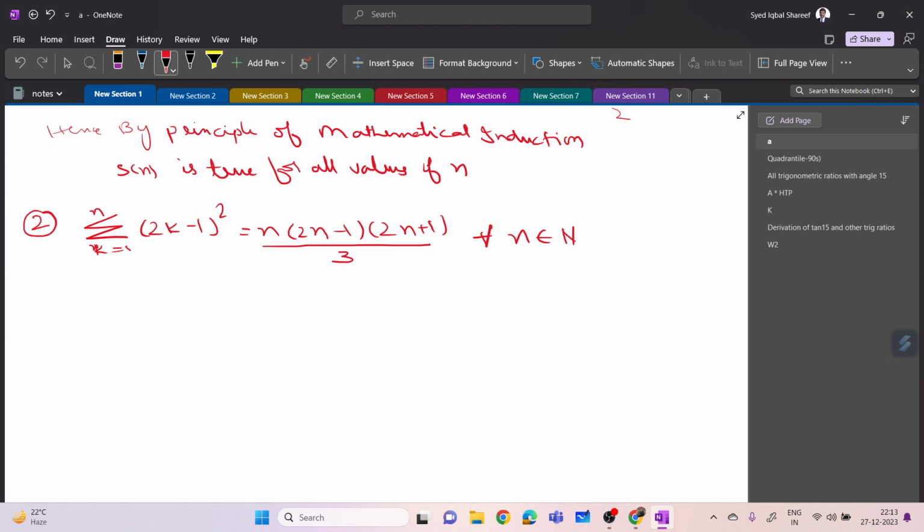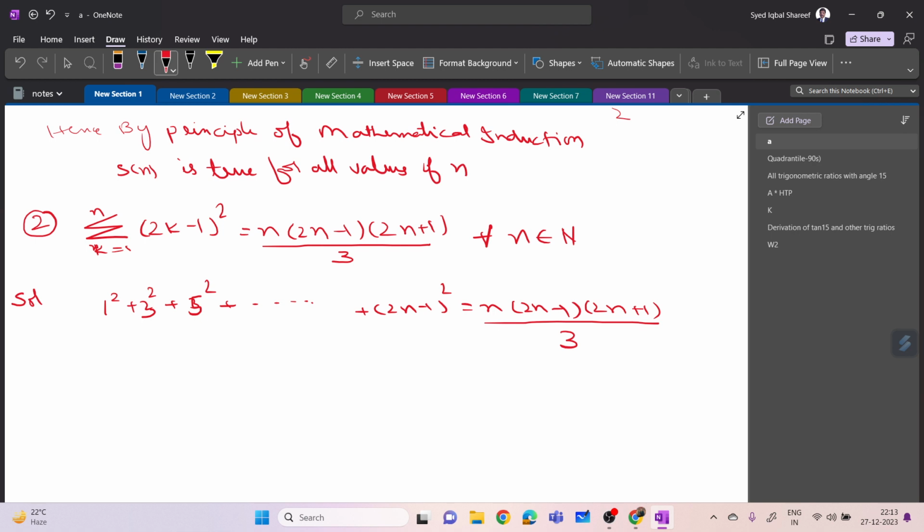You see, we have to prove by mathematical induction. So this is 1 square plus 3 square plus 5 square and so on up to 2n minus 1 square equal to n into 2n minus 1, 2n plus 1 by 3.